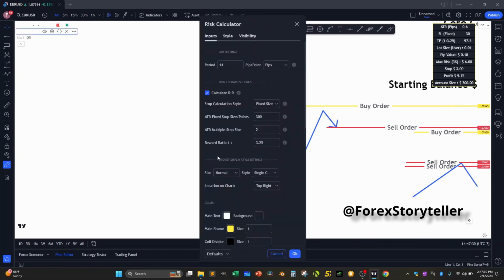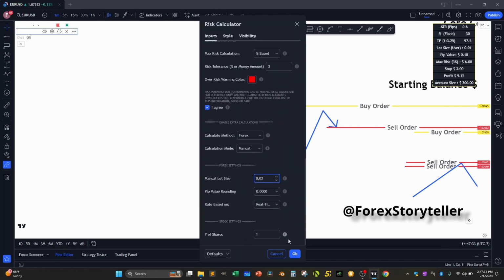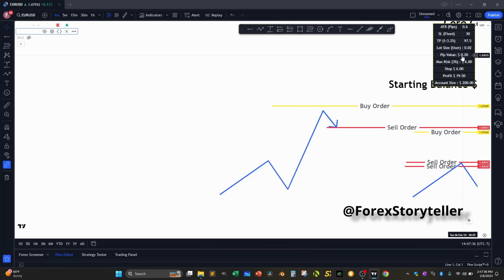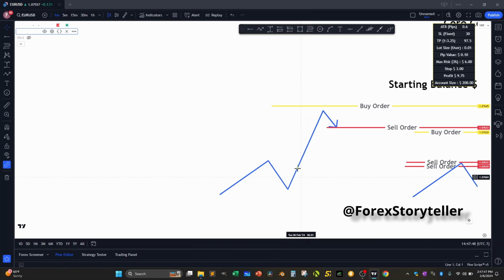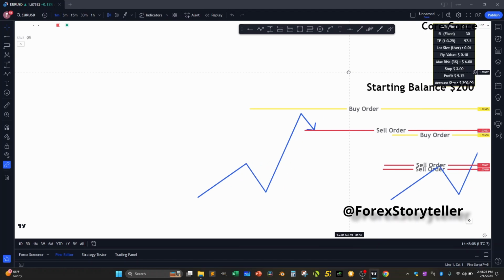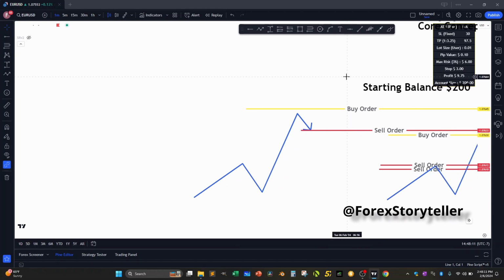So if we were to go up and set a manual size, so if we would have exposed ourselves for both, our pip value, meaning for every pip of movement in the market, our equity would change 20 cents in that case. But if we're only partially exposing ourselves, like what we're doing in the Achilles heel part, to try to reduce our losing amounts until our loss streak breaks and we start winning again, we would want to manage down and manage smaller sizes, and also use that to keep the account from getting out of control with oversized positions.